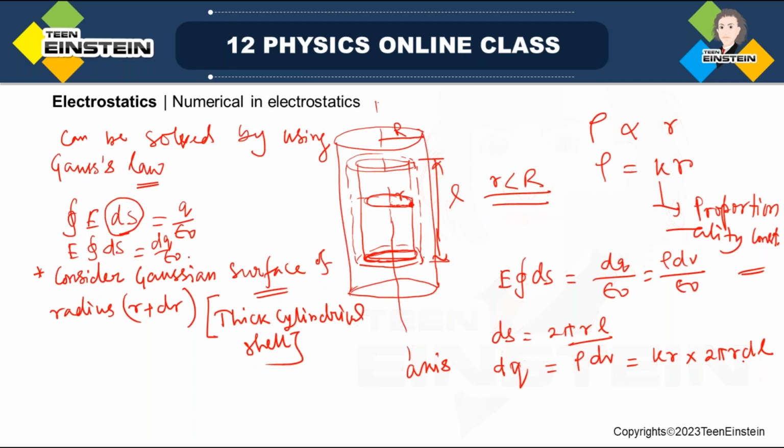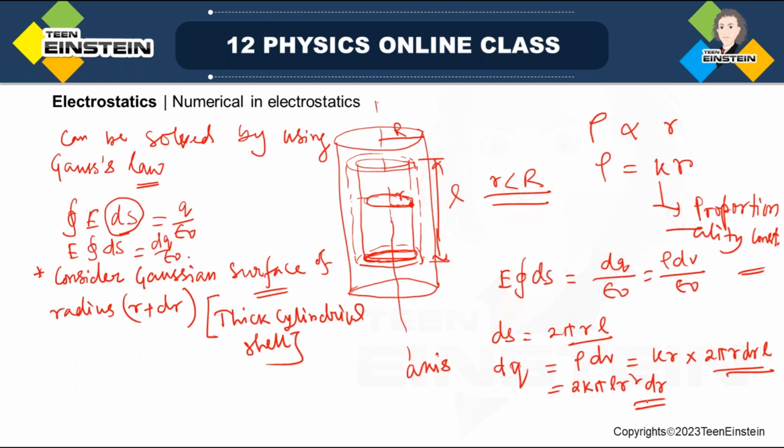This is actually the volume dv. So what you get here is 2k pi r square l into dr. This is actually the charge dq.